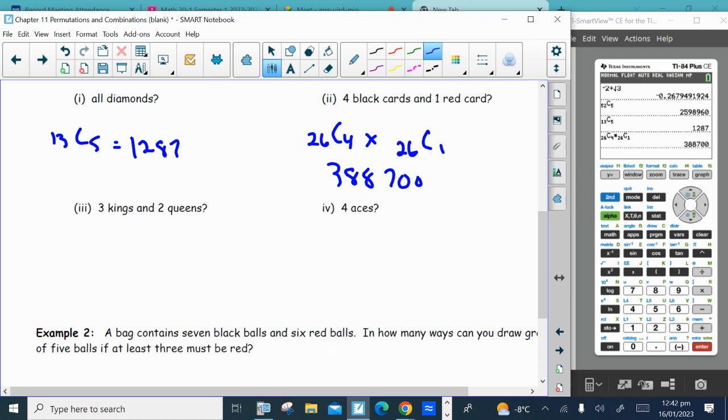How many 5-card hands contain 3 kings and 2 queens? Well, there's only 4 of each card in a deck. There's 4 twos, 4 threes, 4 kings, 4 queens. So the 3 kings would be chosen from the 4 kings that are in a deck, and then the 2 queens would be chosen from the 4 queens that are in the deck.